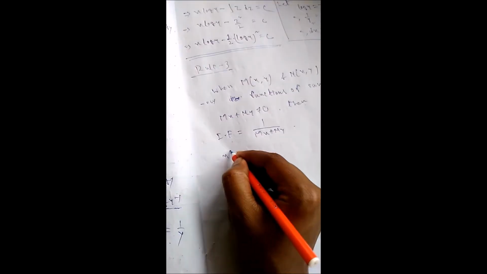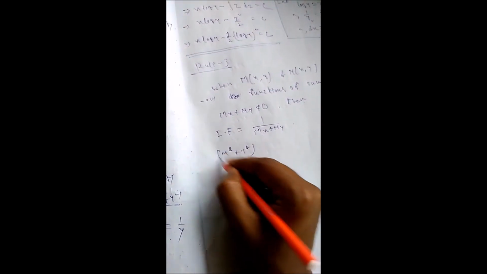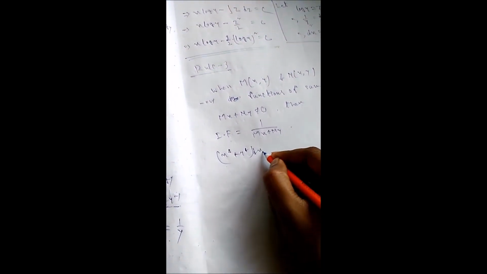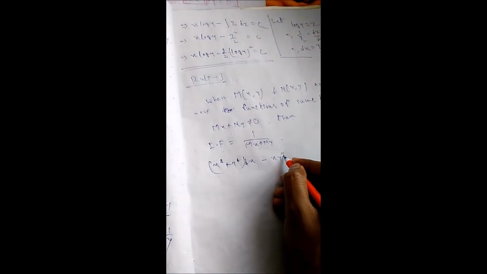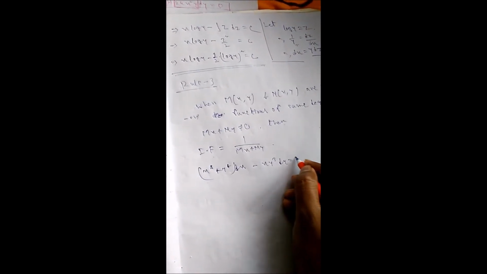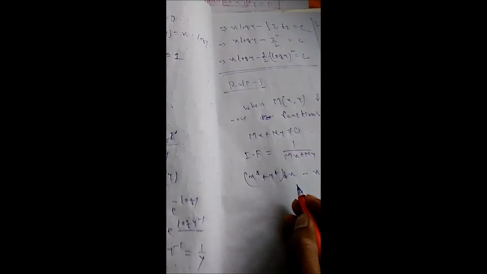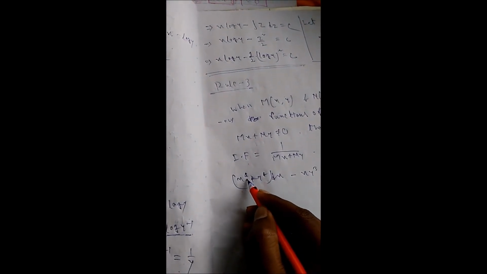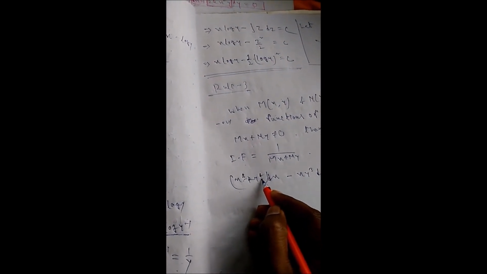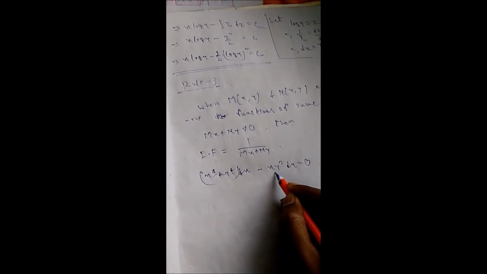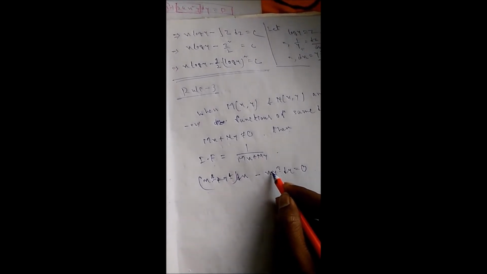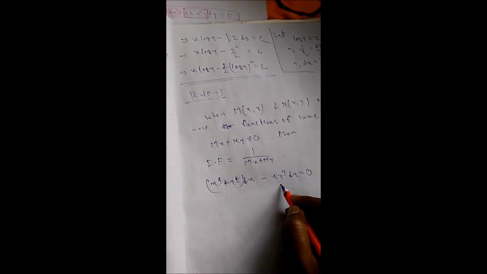Now such an example: x to the power 4 plus y to the power 4 into dx minus xy cube into dy is equal to 0. Here you can see the power of x is 4, the power of y is 4, and the total power of xy is 3 plus 1, which is equal to 4.